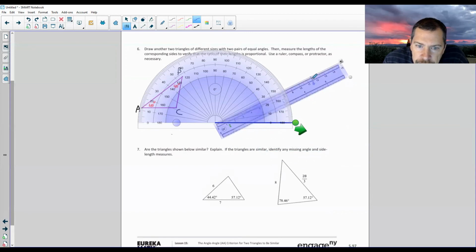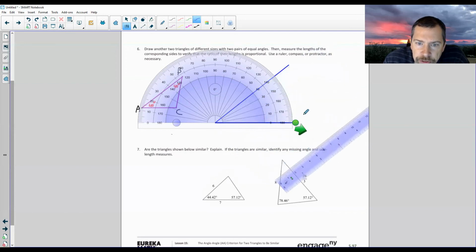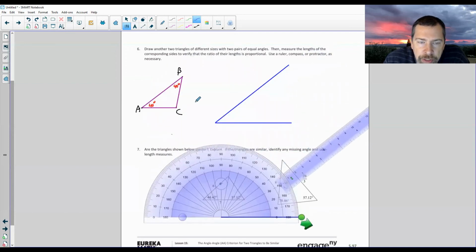So if I line this up to 40, like so, draw a segment down to that vertex right there. So there's a 40-degree angle. Obviously, you can't do that in the real world. Your pencil will not work through a protractor, but there is A prime.